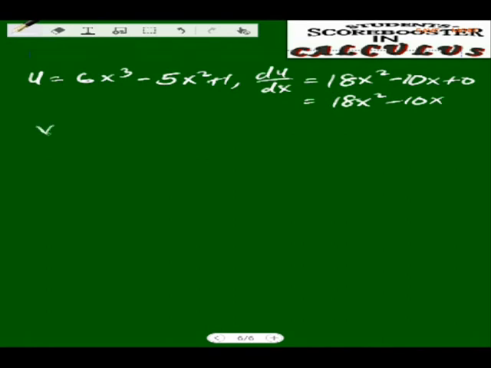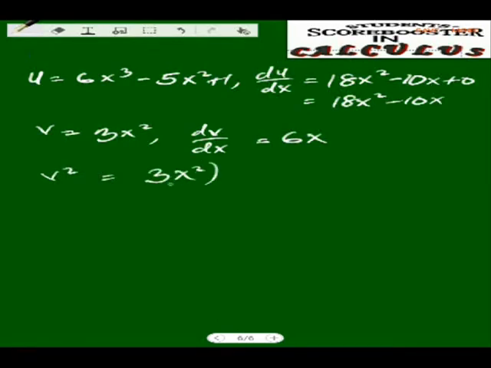Okay, then my v is equals to 3x squared, and the dv dx will be equals to 6x raised to power 1. So my v squared will be equals to 3x squared, please just put it raised to power 2.